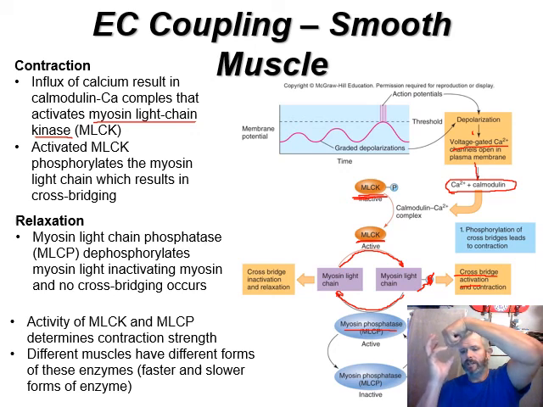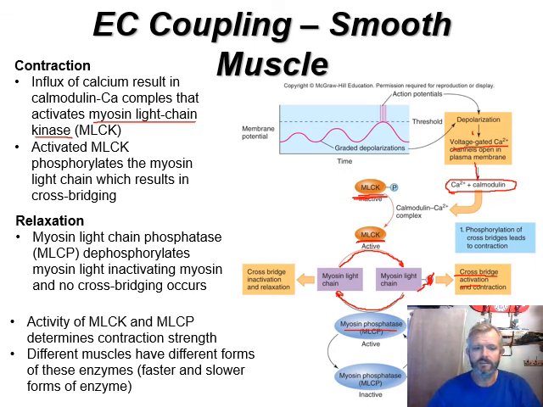When it's phosphorylated, that's when I get binding, cross-bridging, and activation. So this is how we're going to control contraction and relaxation. Not troponin, not tropomyosin. It's by either phosphorylating the light chain to cause contraction, or using the phosphatase to dephosphorylate and remove the phosphate and cause relaxation.